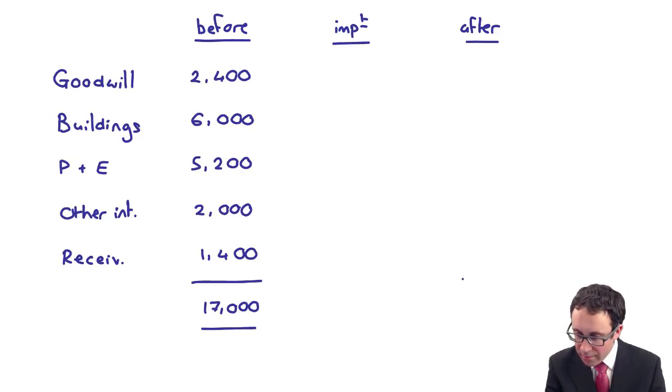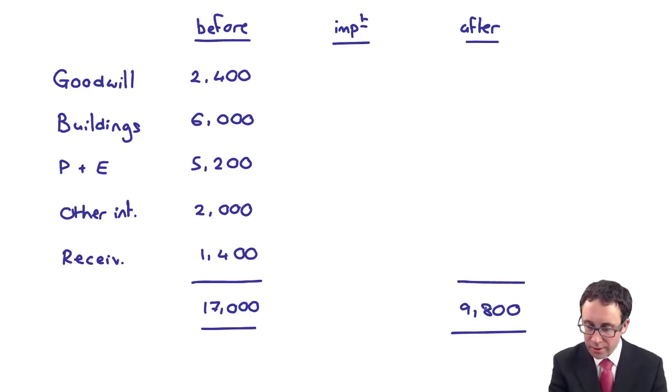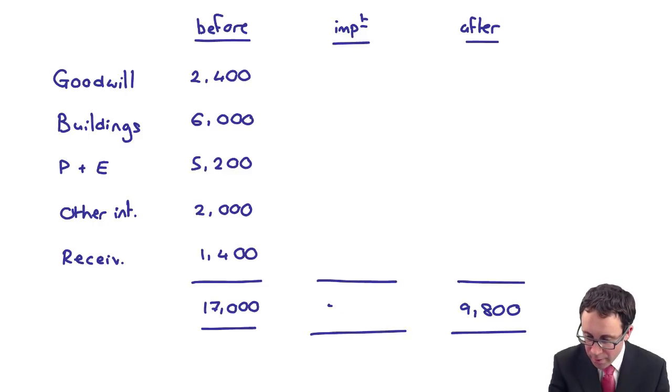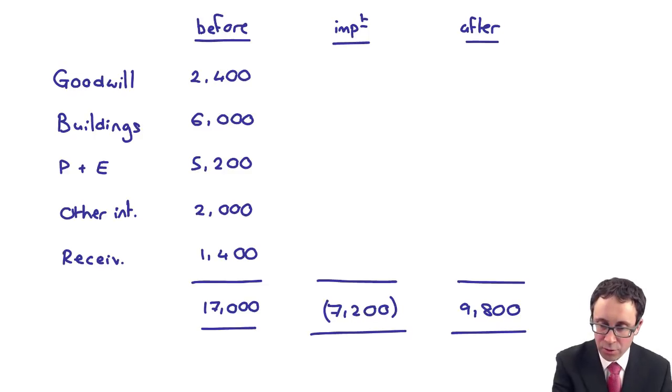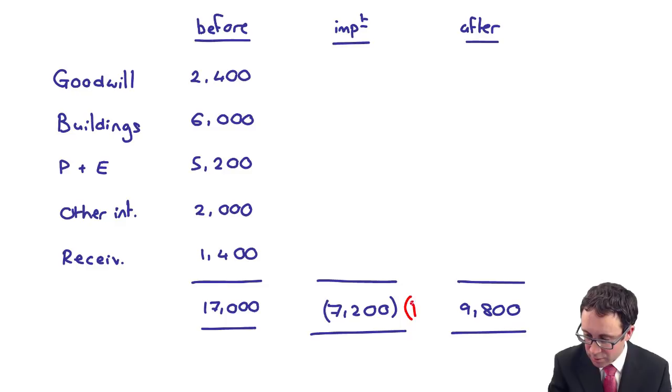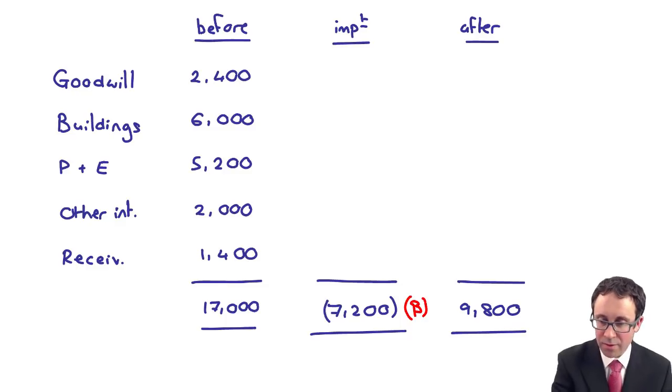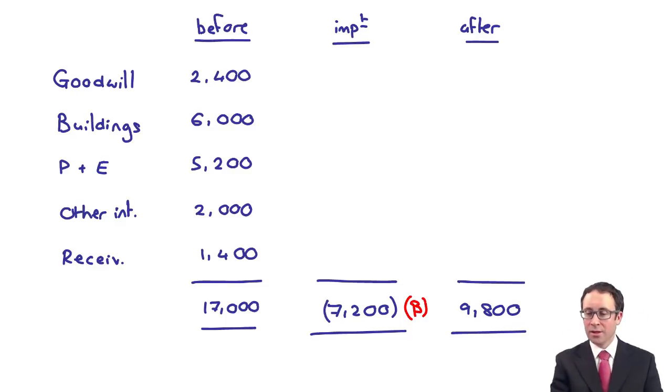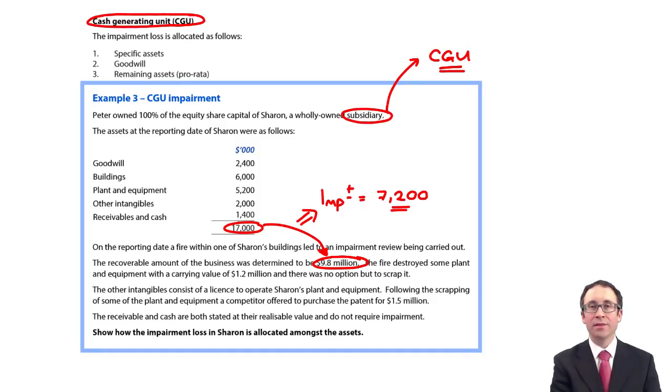We know so far that afterwards the value of the assets is 9,800, and therefore the impairment is 7,200. That's the difference and the balancing figure, because the carrying value was greater than the recoverable amount. We then need to allocate that specifically, following the rules in the standard, don't we?